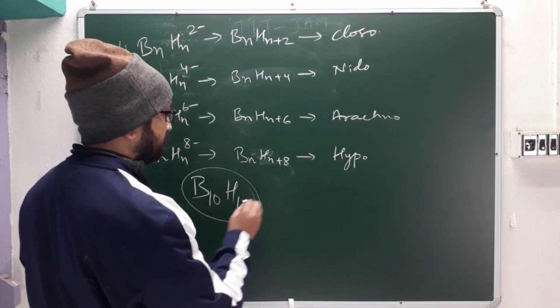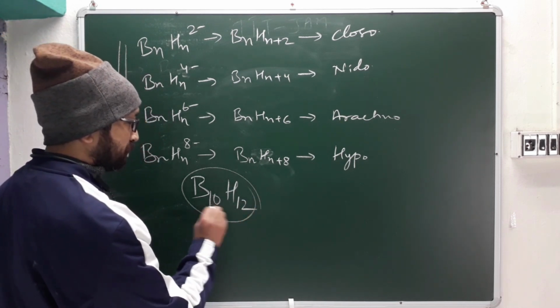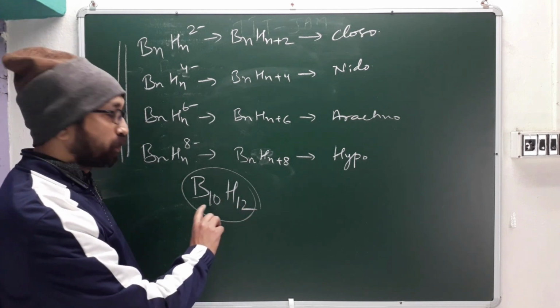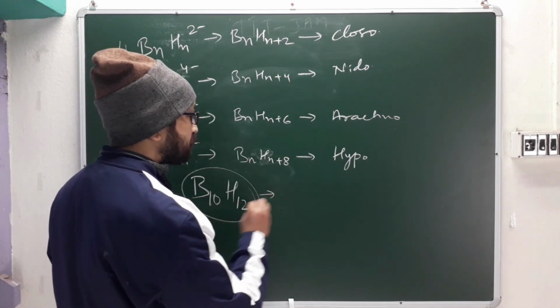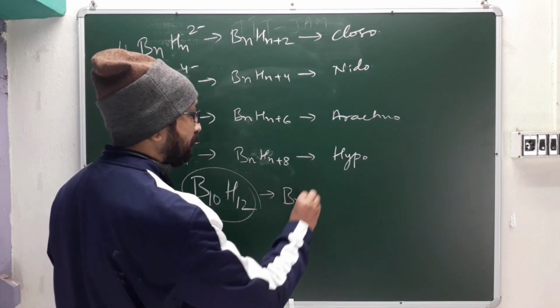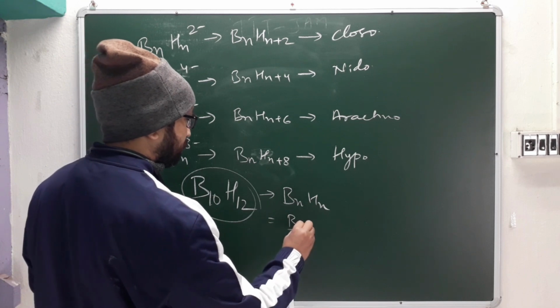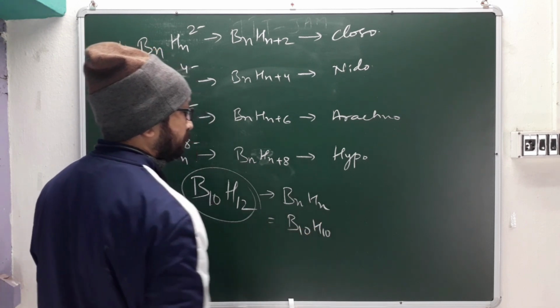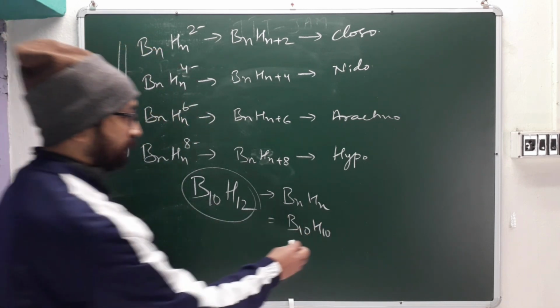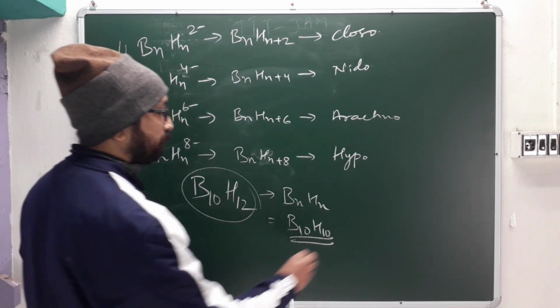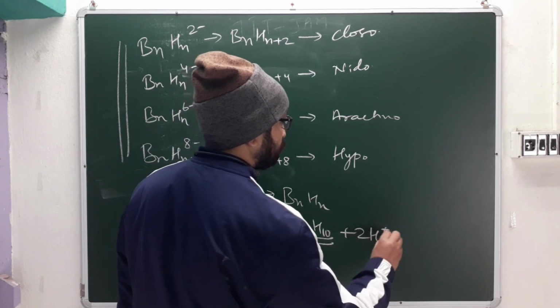Just convert it. Suppose this one is B10H12, right? In this, you just have to convert it to BnHn, means you have to convert it to B10H10. Now how many protons do you have to lose for this kind of structure? 2 protons you have to lose, right?